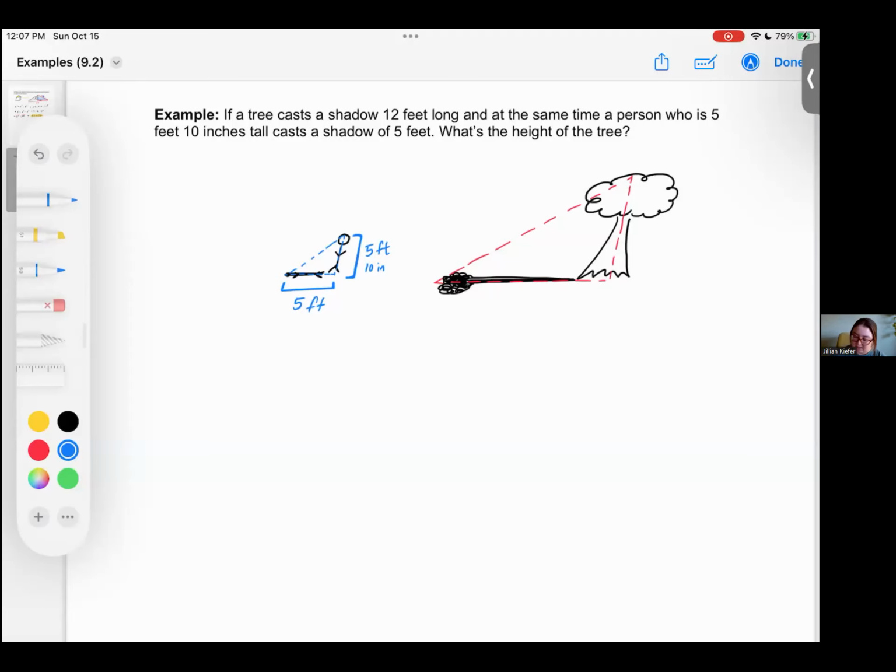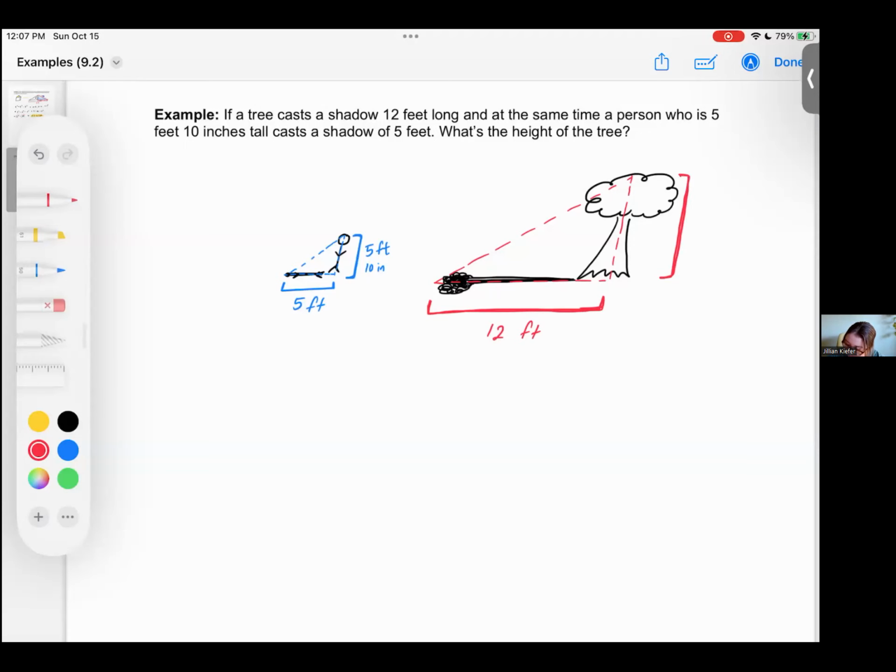So let's just ignore it for now and see if we can still figure out our problem without it. So moving on to the tree, we're told that the shadow of the tree is 12 feet long. So we're treating this length here as 12 feet long. So this is 12 feet. And what we don't know is the height of the tree.